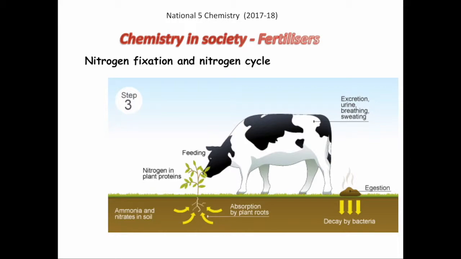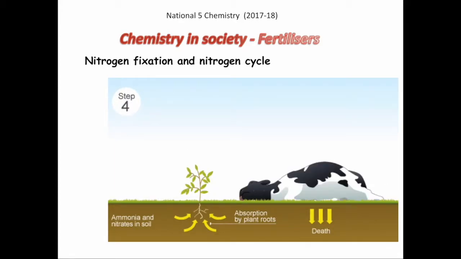Plants and animals give out excess nitrogen through various processes such as excretion, urine, breathing, sweating, and when the animal dies. So, when an animal dies, the body undergoes decomposition. The same happens with plant and animal excreta.